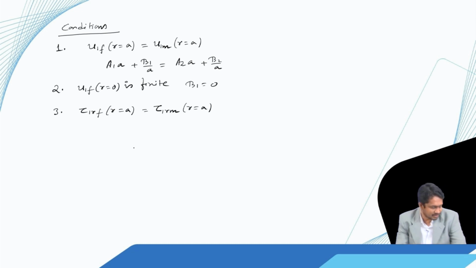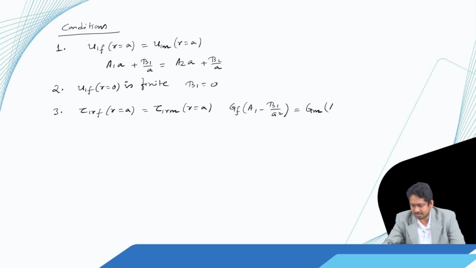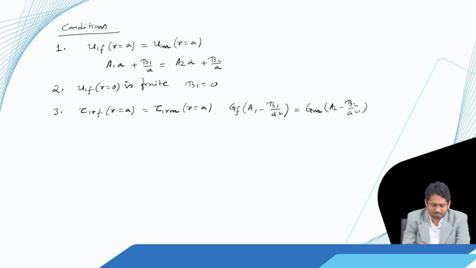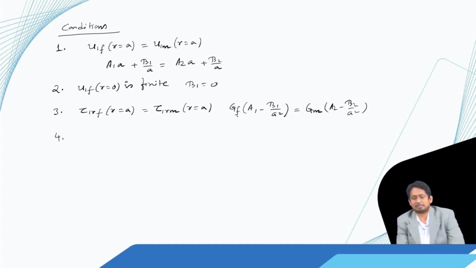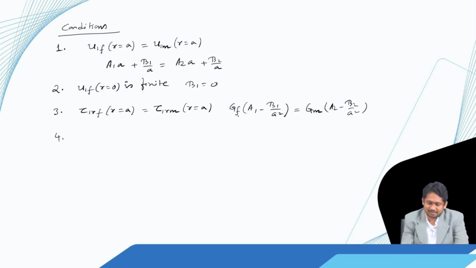They are continuous, so this one says that Gf multiplied by A1 minus B1 by a square is equal to Gm multiplied by A2 minus B2 by a square. And again, if we assume that G has different shear modulus in different planes because of being anisotropic, accordingly we have to have G1r here.